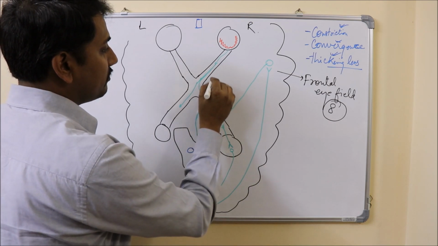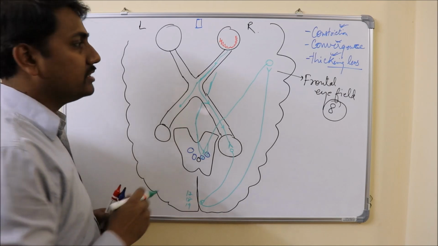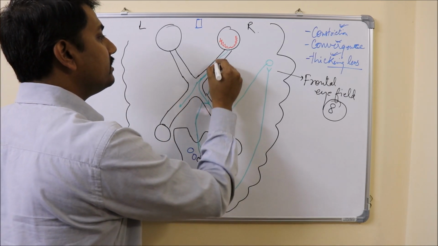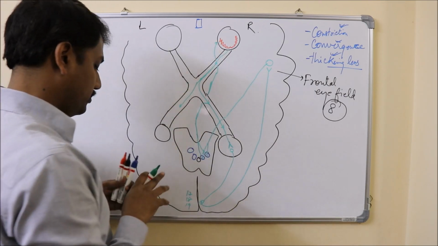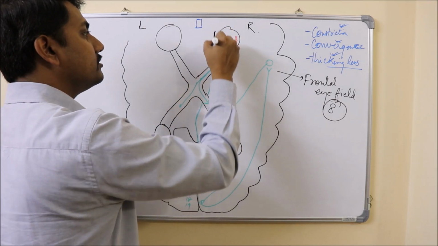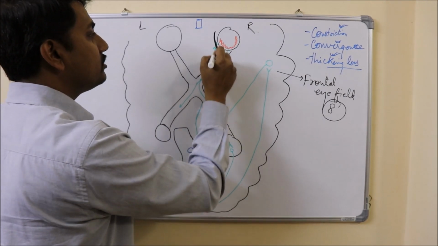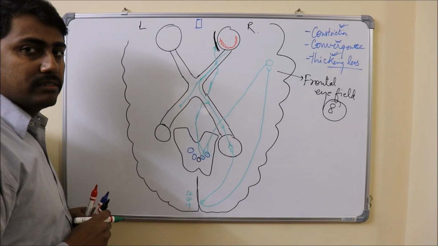Through the oculomotor nerve, the motor fibers to the medial rectus will directly relay. Suppose this is the medial rectus, and the oculomotor nerve will directly relay to the medial rectus.